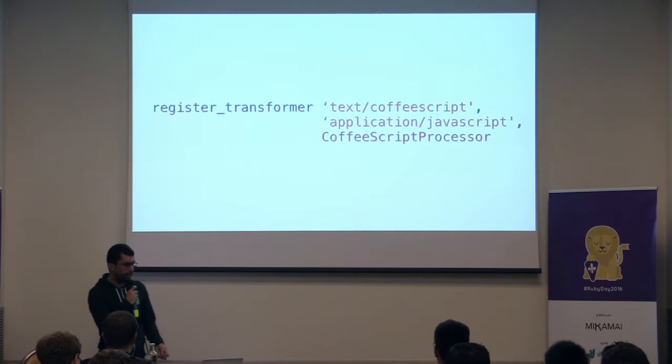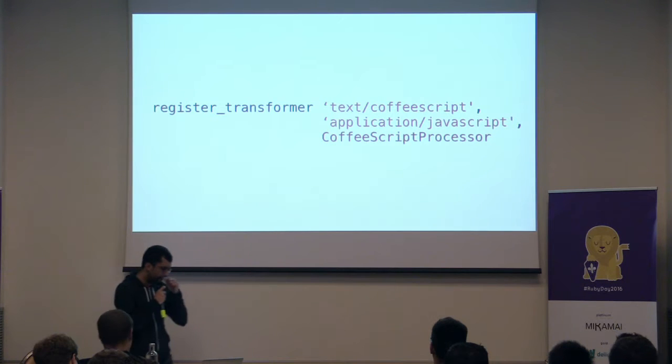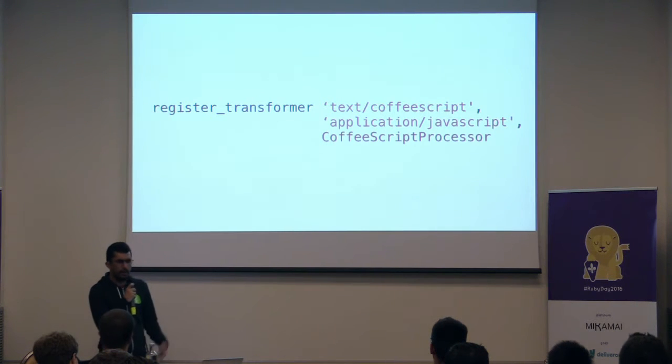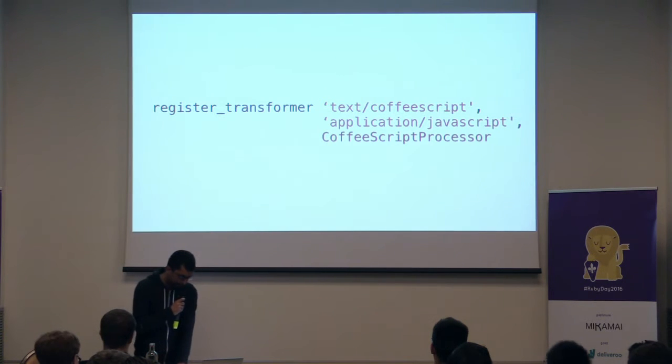This is good because you can actually have more than one return for the same MIME type. So we can have a CoffeeScript file being compiled to JavaScript and also to text, for example. We can have the same file being compiled to source maps and things like that.